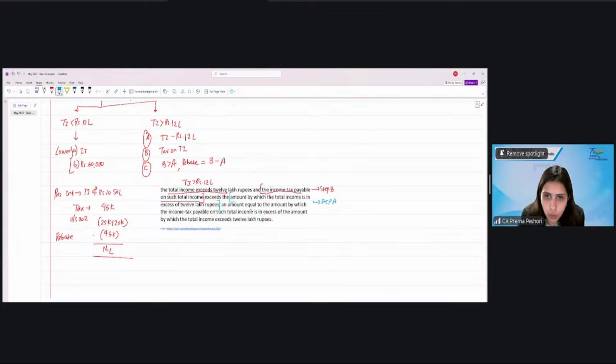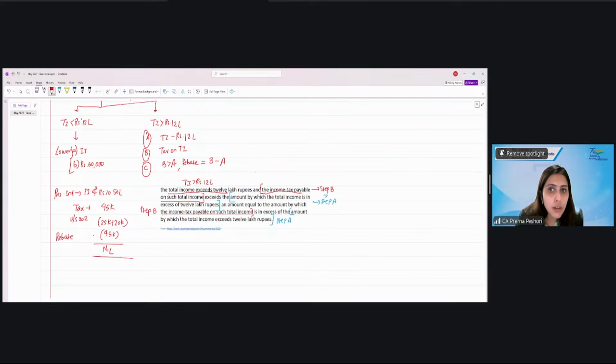So if B is greater than A, an amount equal to the amount by which the income tax payable on such total income, which is my step B, is in excess of the amount by which the total income exceeds rupees 12 lakh, which is step A. So B minus A will be allowed to me as a rebate.